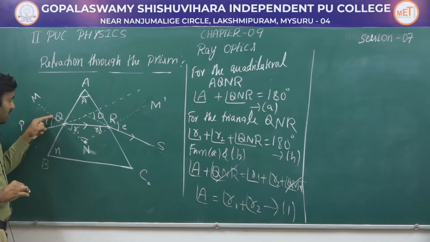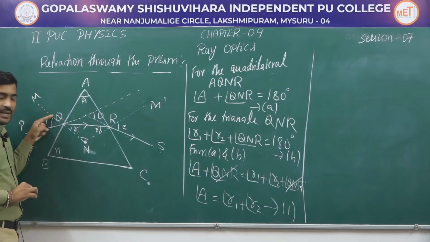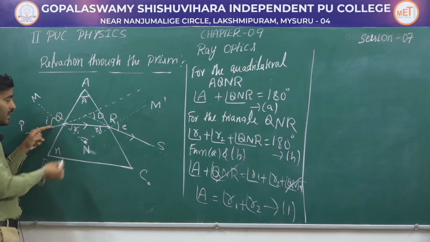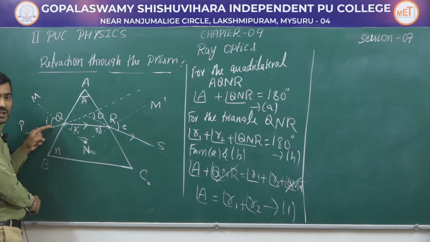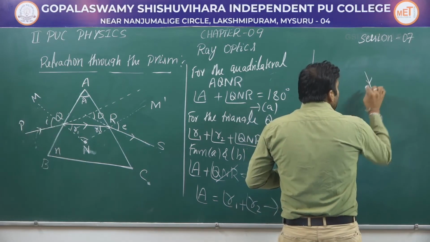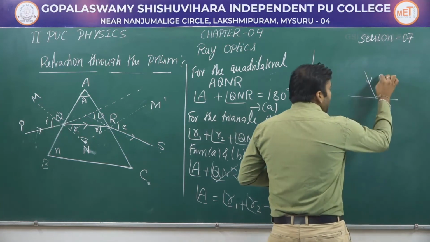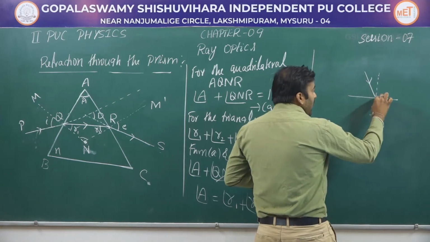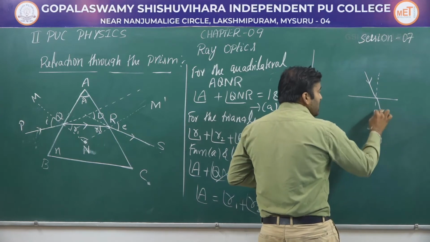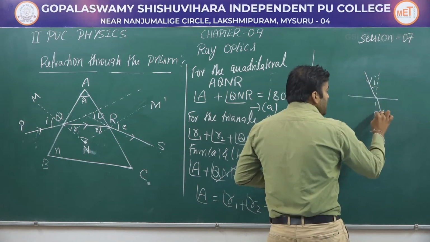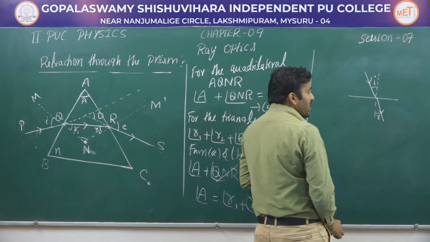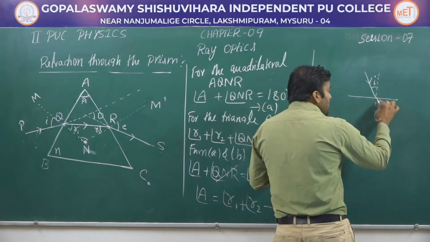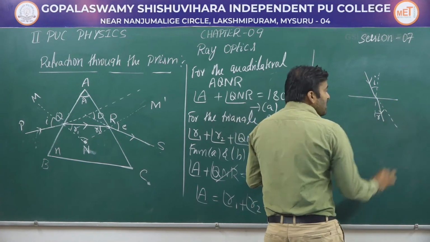Next, I know that this is the angle of incidence, correct? This is the angle of incidence and this is the angle of refraction R1. A ray is incident at a surface and if this is a normal and the ray is going to bend like this, this is the angle of incidence and this is the angle of refraction. So in the absence of this medium, the ray would go like this, correct?